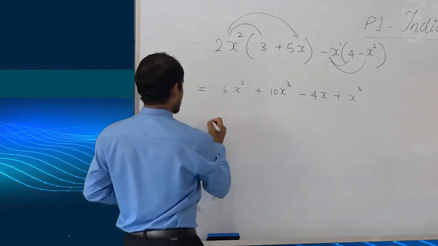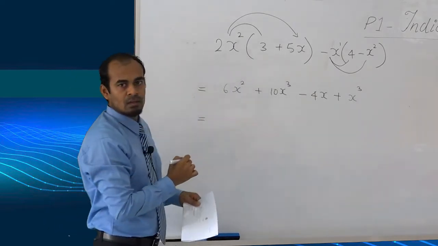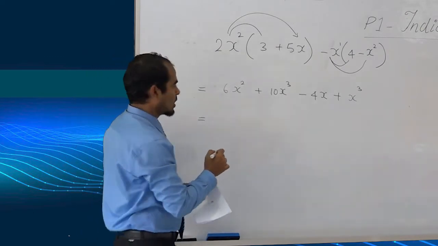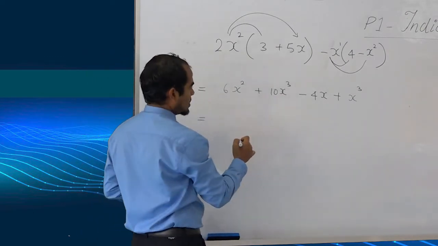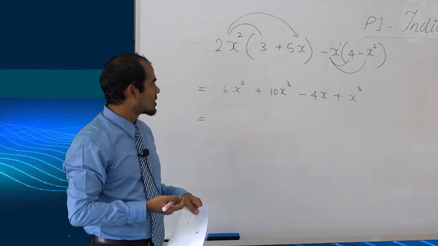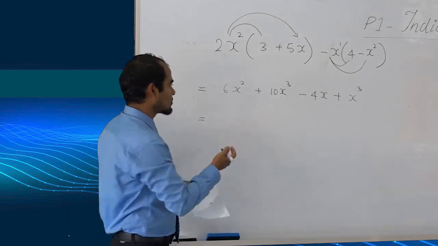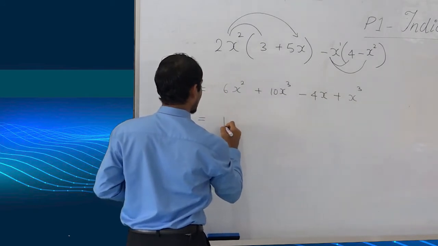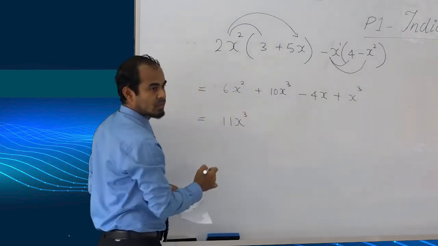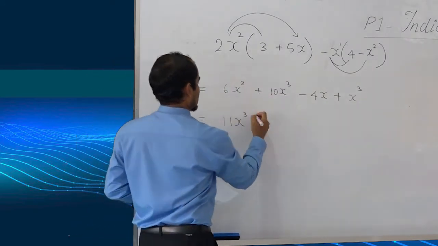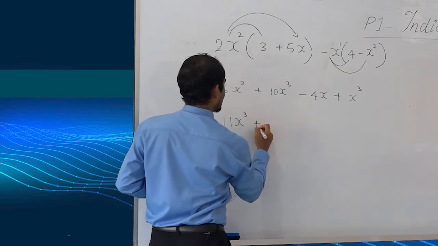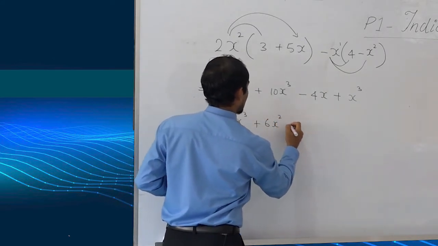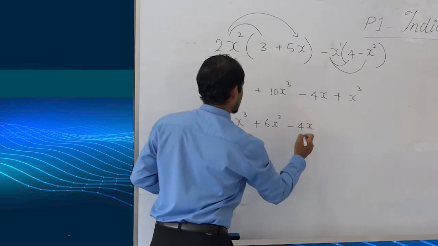Okay? So finally, we could arrange everything in order. It's traditional that we always leave the highest power of x in the front. So we have here a 10x cubed, and the next will make us 11x cubed. The next term will be 6x squared minus 4x.